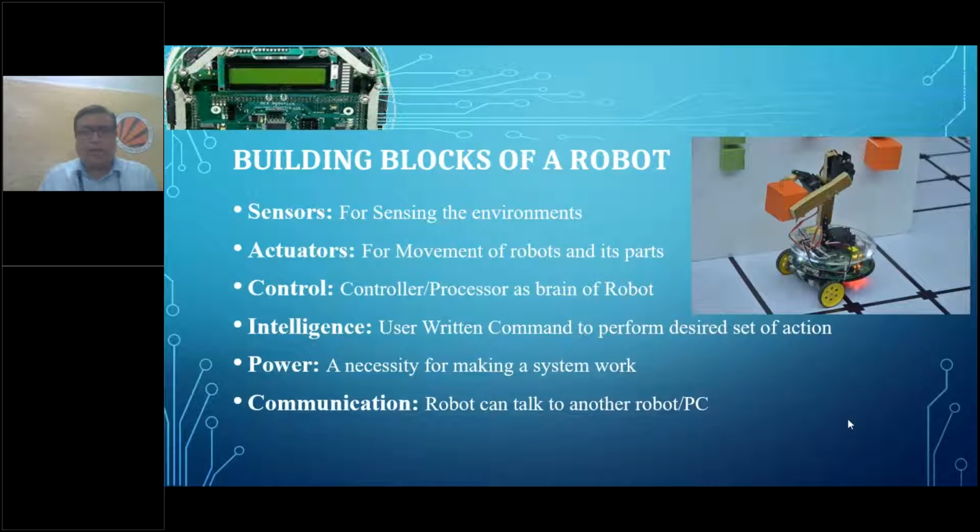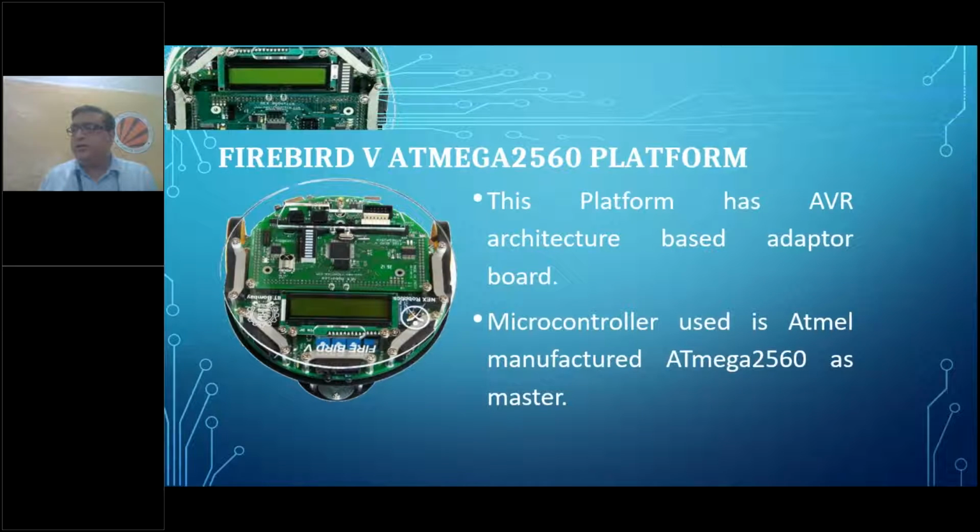Now, because most of the work is done by the sensors in the robot, let's look at the sensors that are used in it. First of all, we are using an AVR architecture-based adapter board in the robot. This is available on the top of this robot. You can see it here, visible.